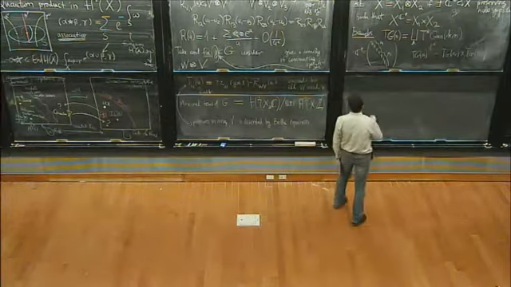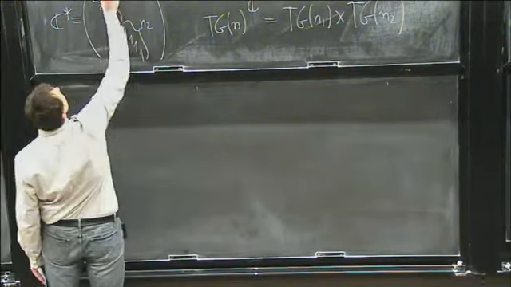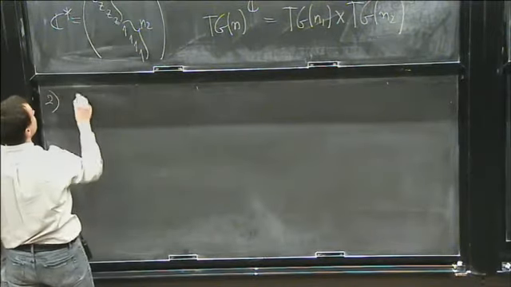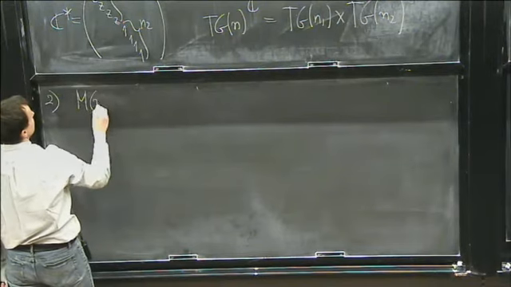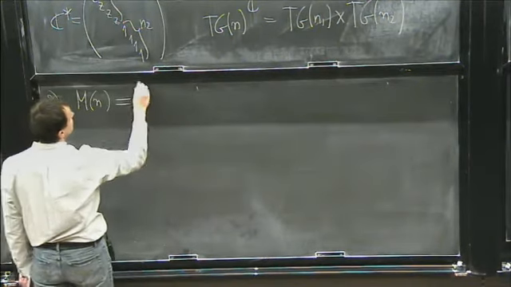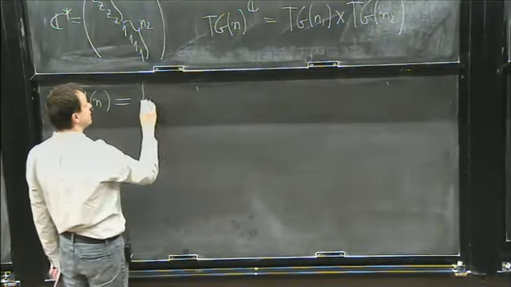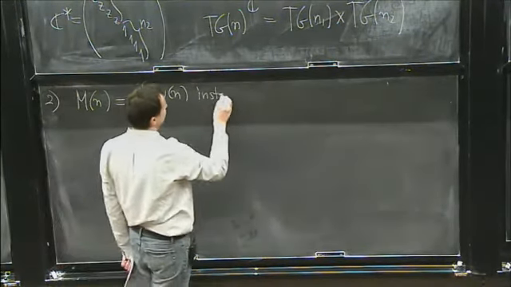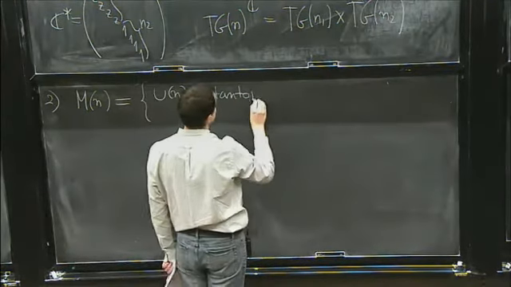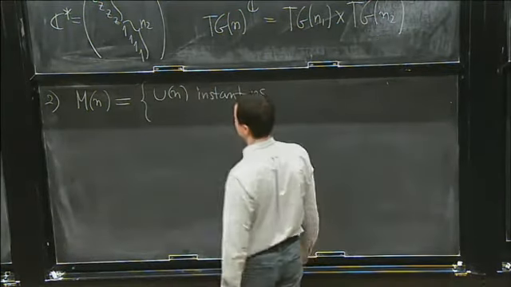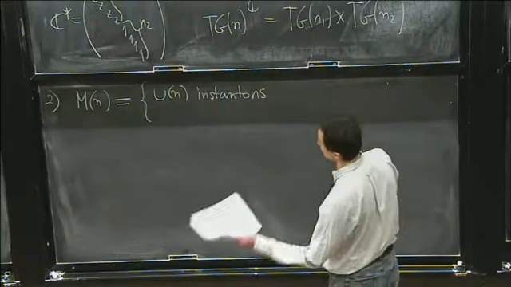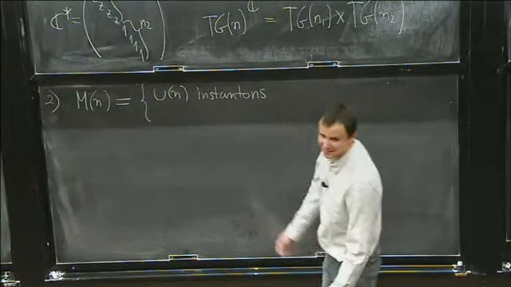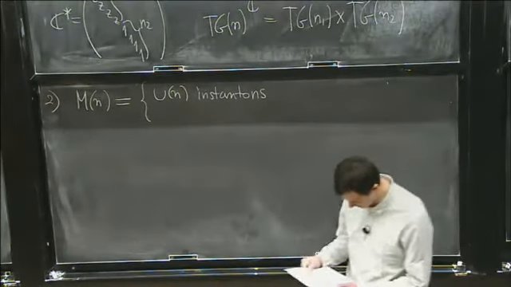So that was the first example. The second example, if I take Mn to be again the disjoint union over all charges, is our U(N) instantons. We have the father of instantons here, and in this audience I'm very humbled to be talking about instantons.